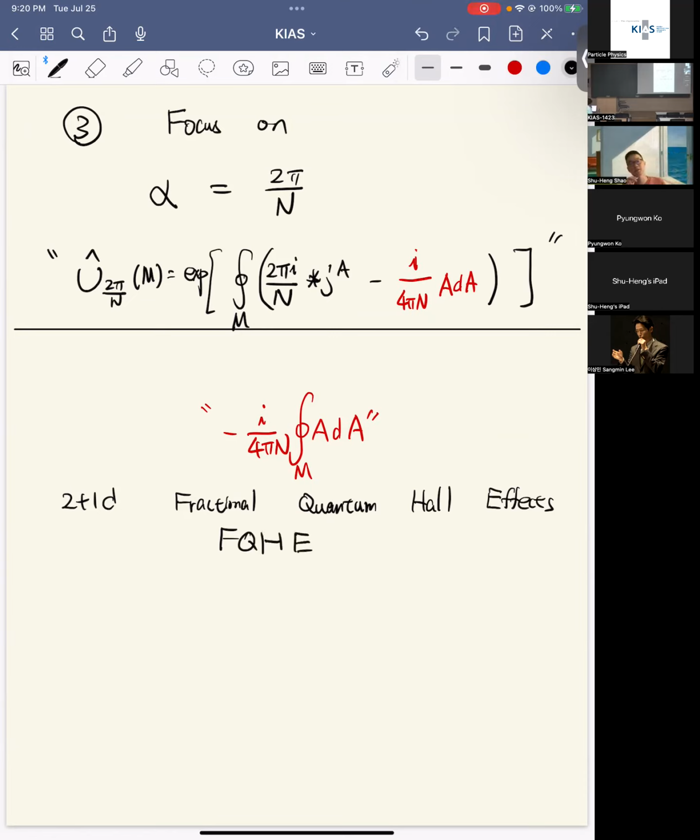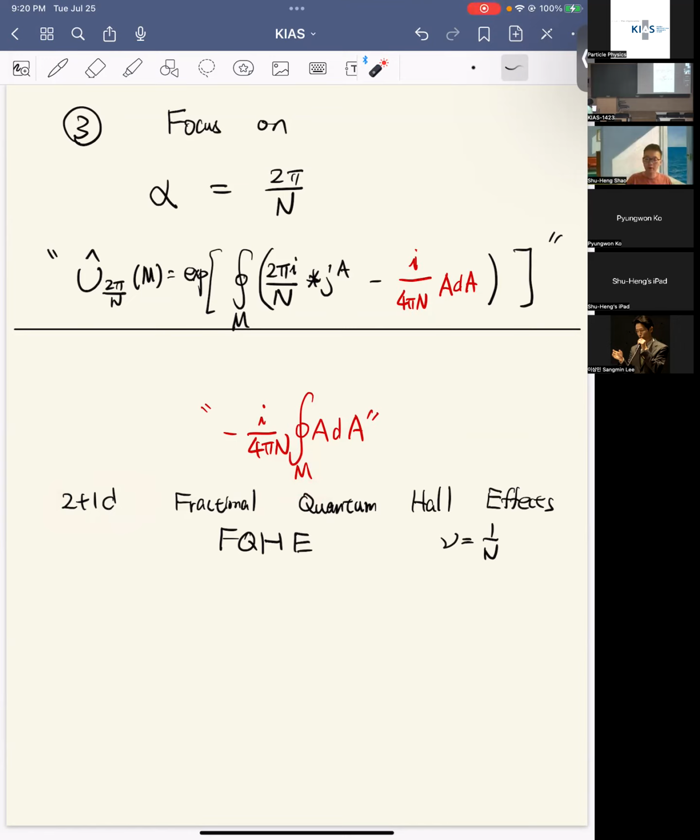This red action is commonly used as the response action for fractional quantum Hall effects with filling fraction 1 over n. In that context, M is the space-time manifold of your tabletop experiment for the fractional quantum Hall effects.